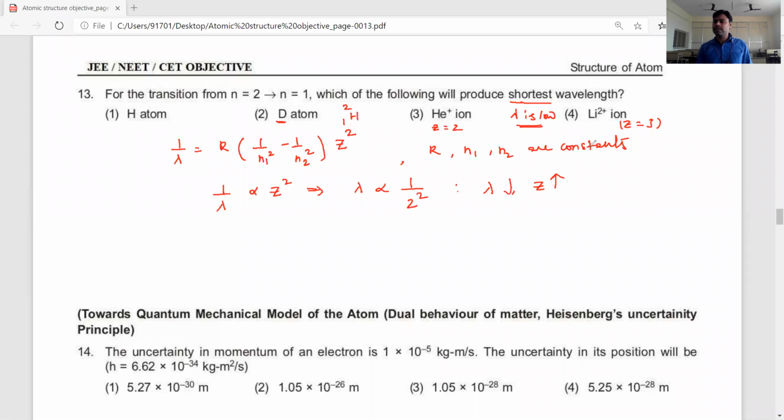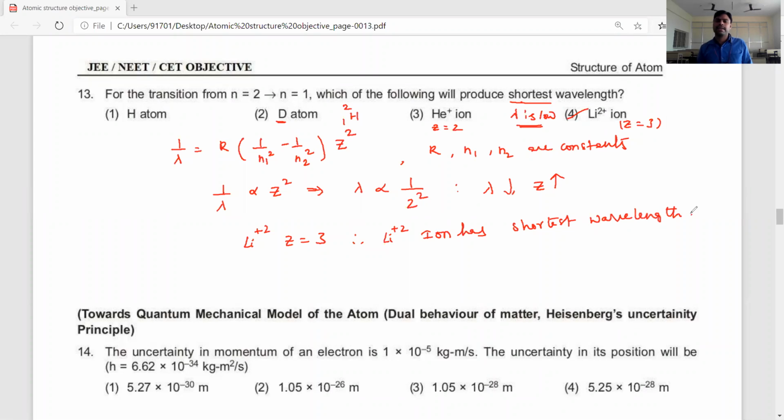So which has more Z value, it has lower wavelength. So the answer is Li2+. According to the options, lithium 2+, Z is equal to 3. Then of the remaining all, Li2+ ion has the shortest wavelength.